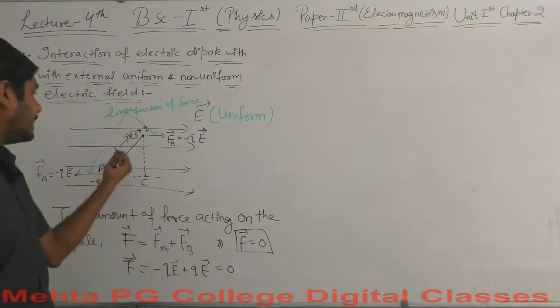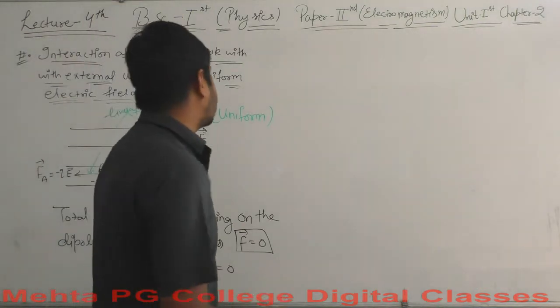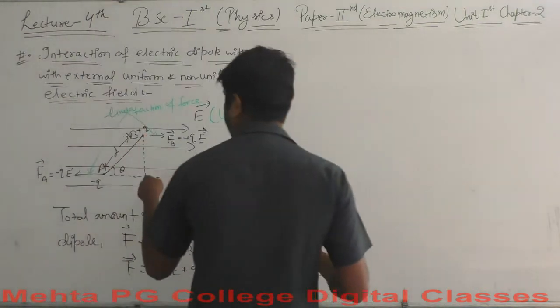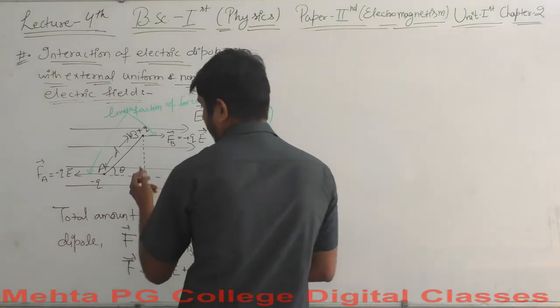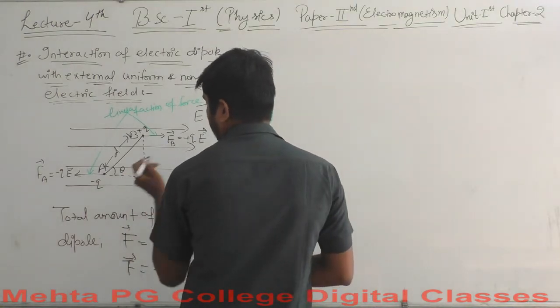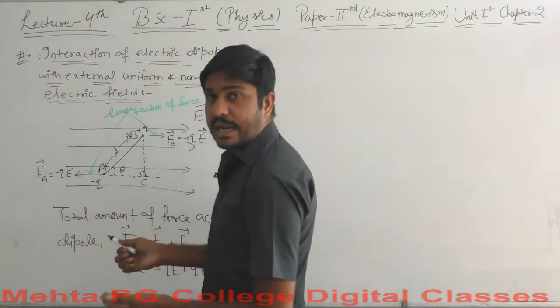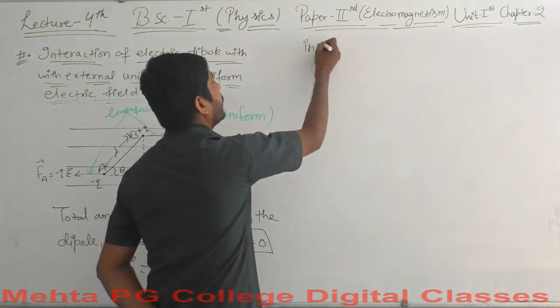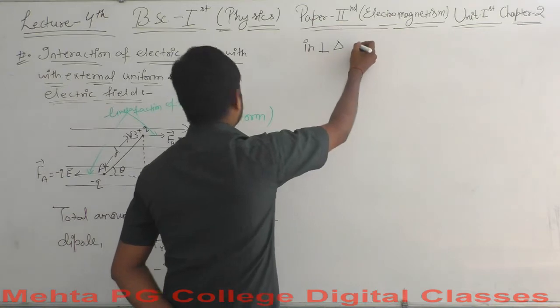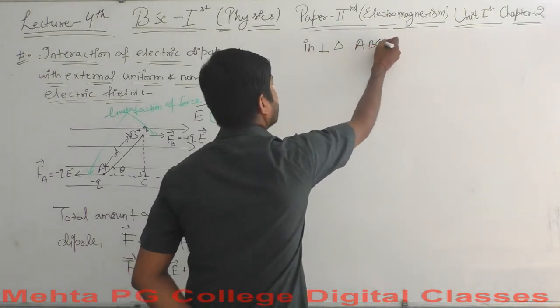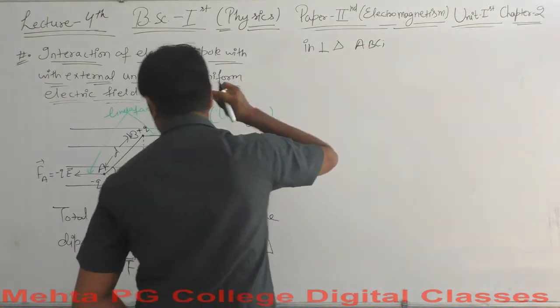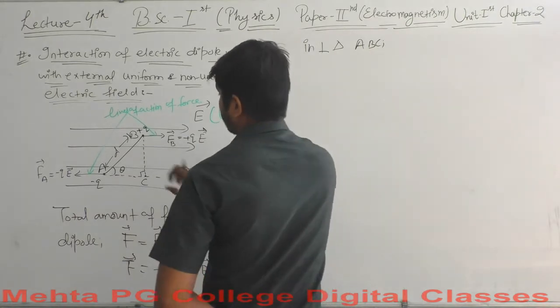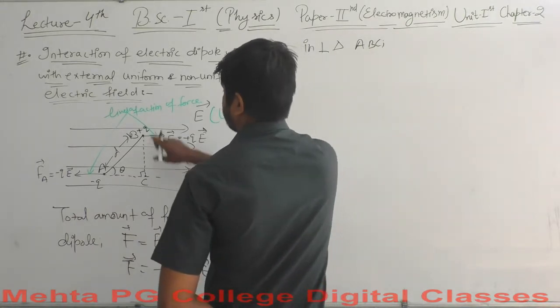We will use a little trigonometry for the triangle ABC. This is the perpendicular distance, so this angle is a right angle. In the right angled triangle ABC, consider BC over AB.